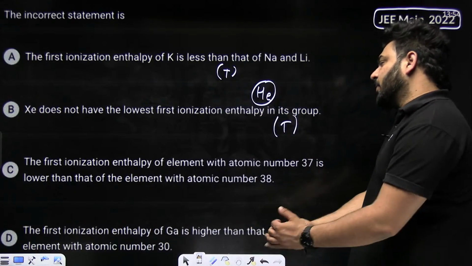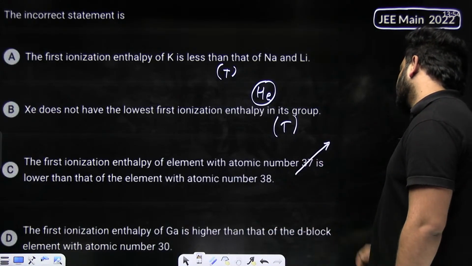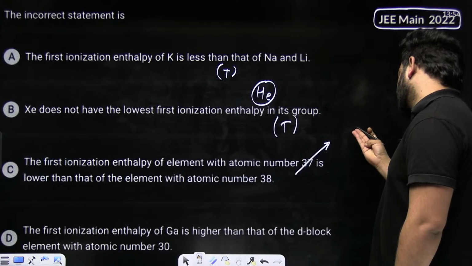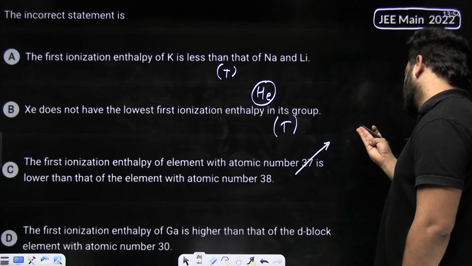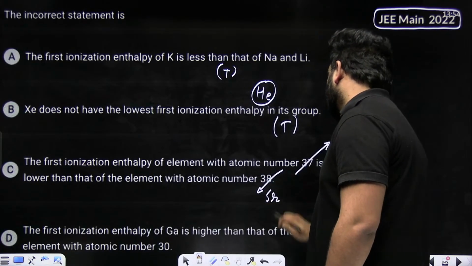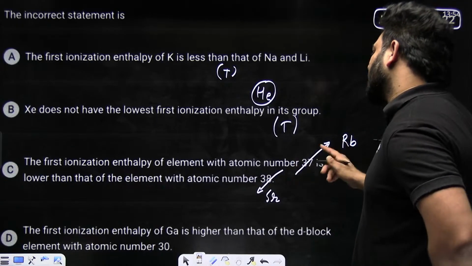First ionization enthalpy of the element with atomic number 37. I think 37 is rubidium, between potassium and strontium. The first ionization enthalpy of the element with 37 is lower than that of the neighbouring element.